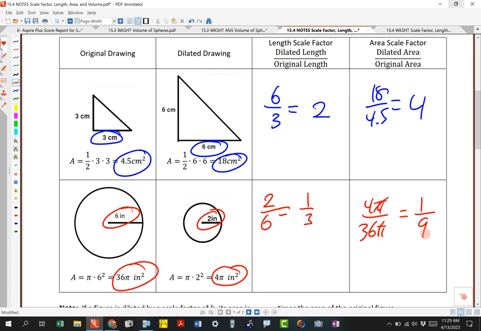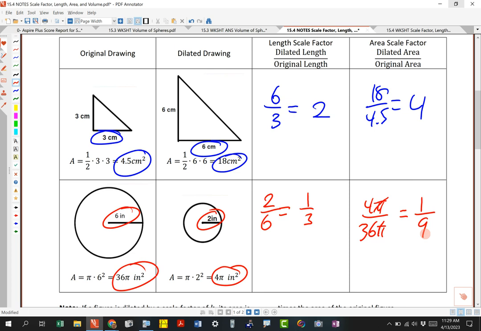Anybody want to raise their hand and describe what they think is going on? Okay, Lizzie, I think you had your hand up first. It squares the length. If you square the length, then you get the area. Okay, so if you take this length scale factor and you square it, then you get the area scale factor. Is that what you're saying?